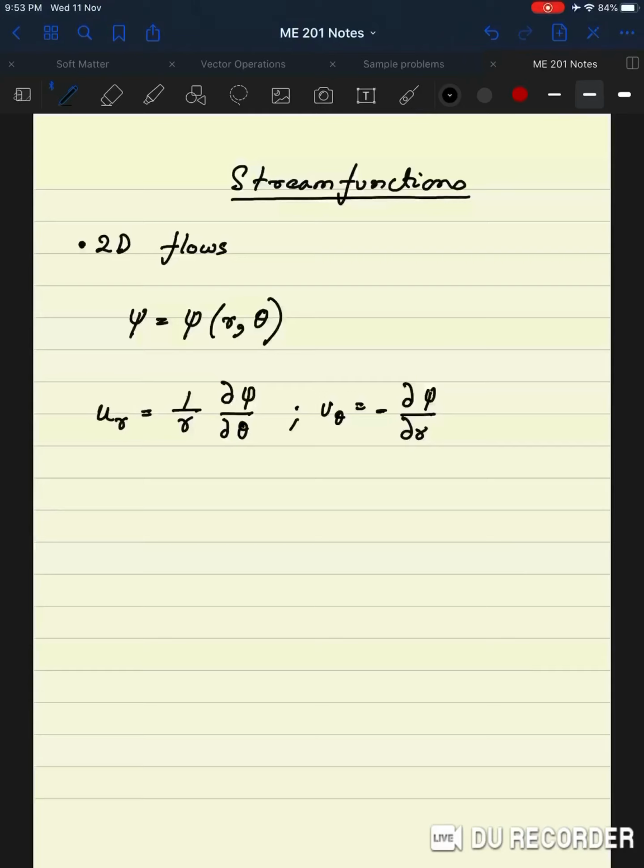So you can again easily show that this satisfies the continuity equation in 2D incompressible flow. Of course, you have to write the continuity equation in polar coordinates as well.